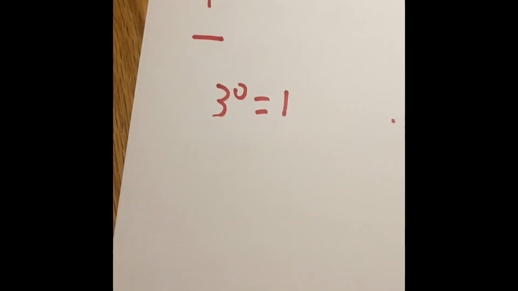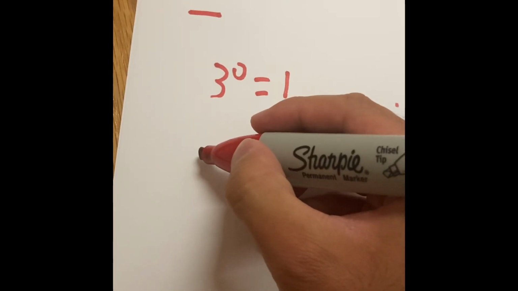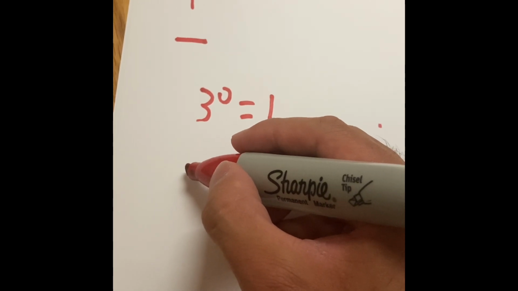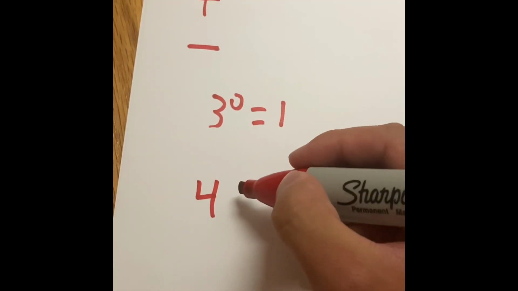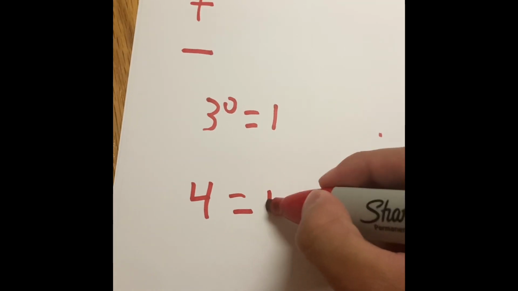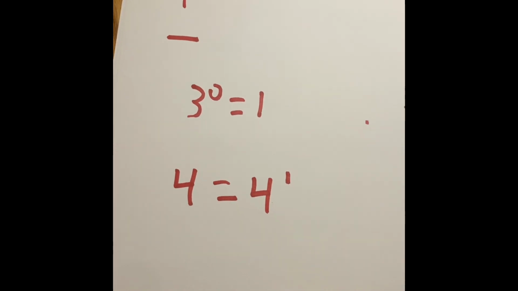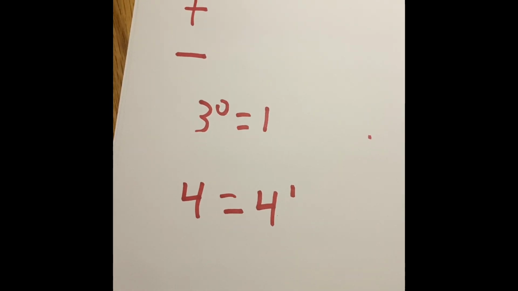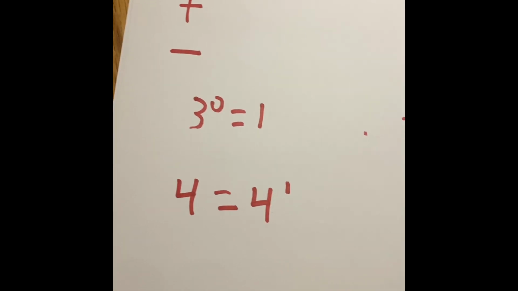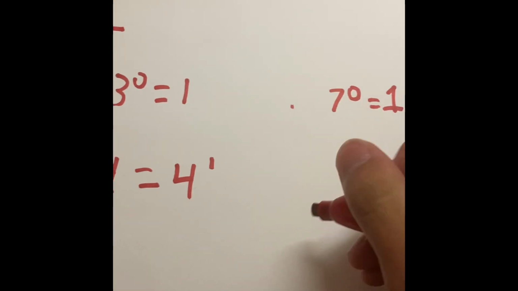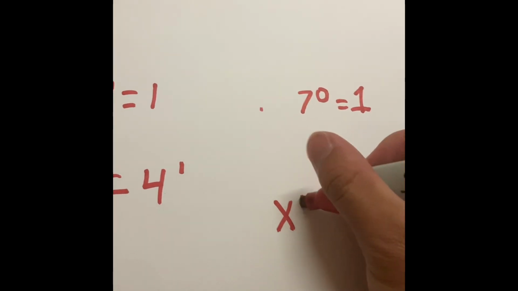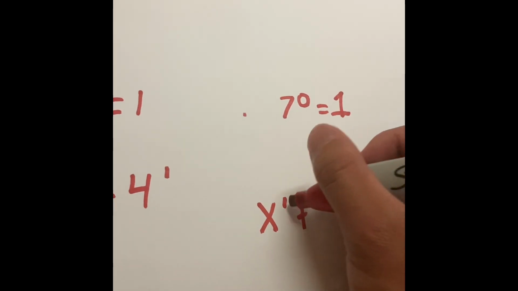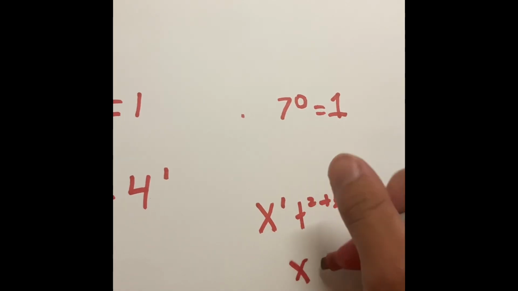Another property: anything to the first power is equal to itself. So 4 is the same thing as 4 to the 1st power. If I was trying to add the exponents, say x to the power of 1 plus 2 plus 3 as exponents, that'll be x to the power of 6.